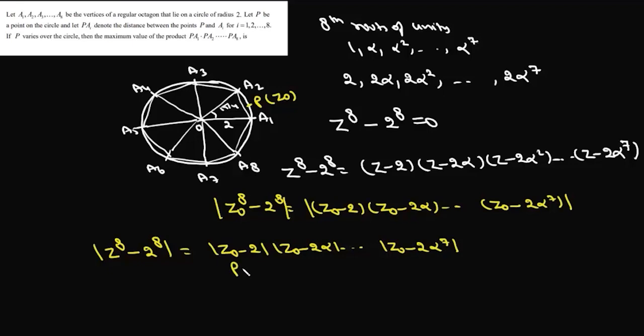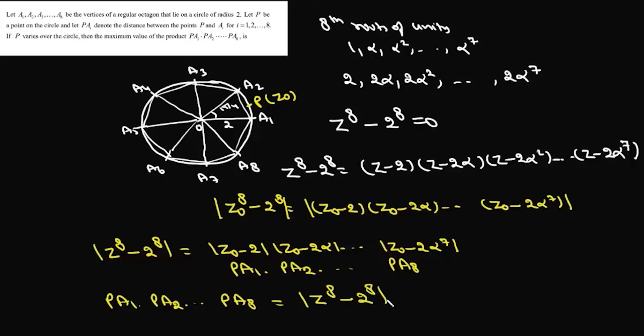So this is basically PA1, this is PA2, and this is PA8. So we can write PA1 into PA2 up to PA8 equals mod of z0 to the power 8 minus 2 to the power 8.